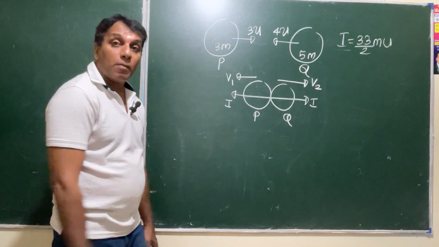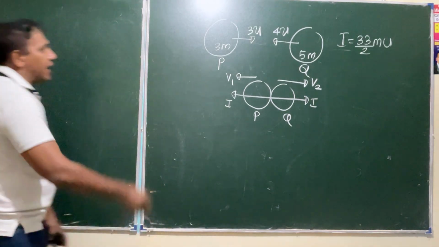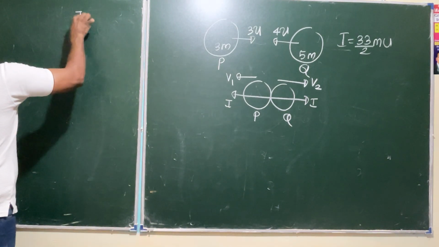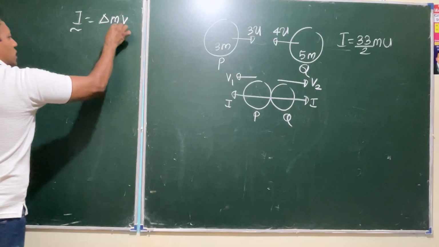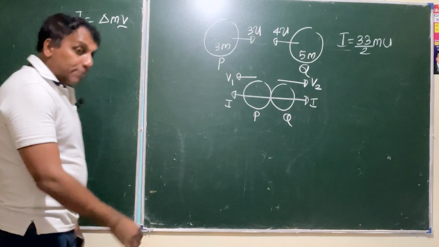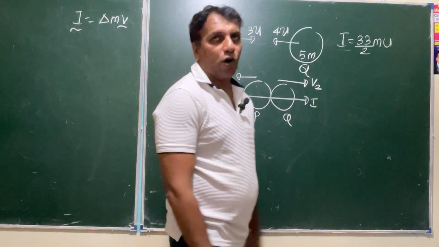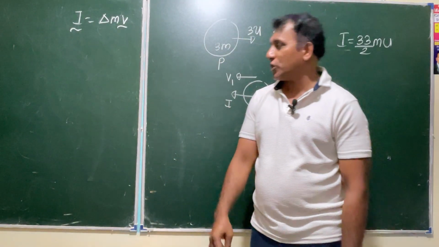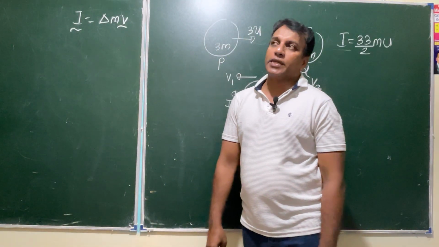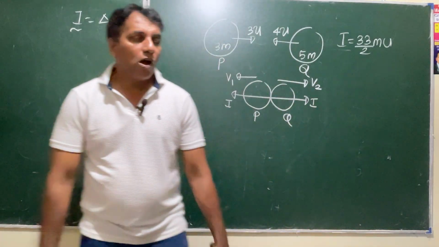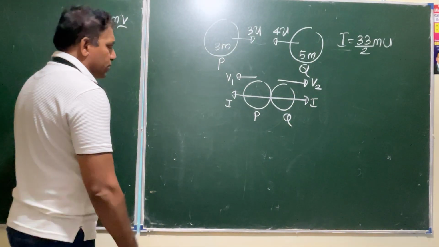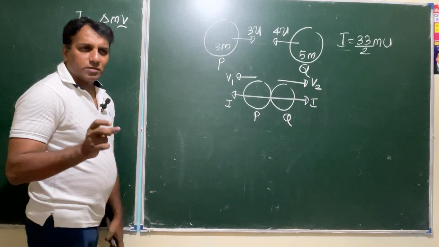And what is I equal to? I equals delta mv: impulse equals change in momentum, in vector format. We'll work first, I will apply that.